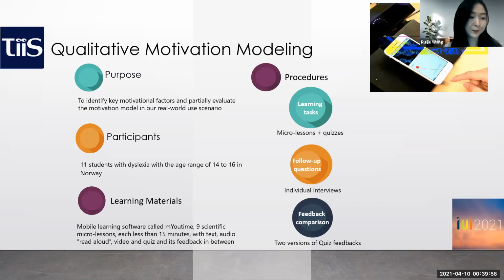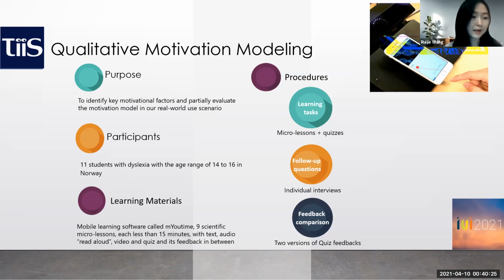Qualitative motivation modeling. We conducted an empirical study by remotely observing a sample of 11 students with dyslexia using a prototype of a mobile learning system called MuteTime, followed by individual interviews. The study intended to collect first-hand data from dyslexic students about all possible motivations and barriers to use the software.